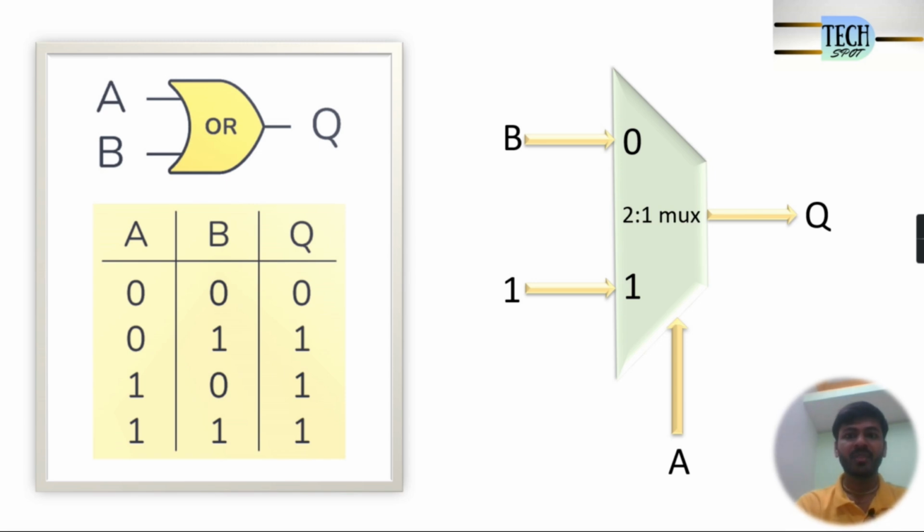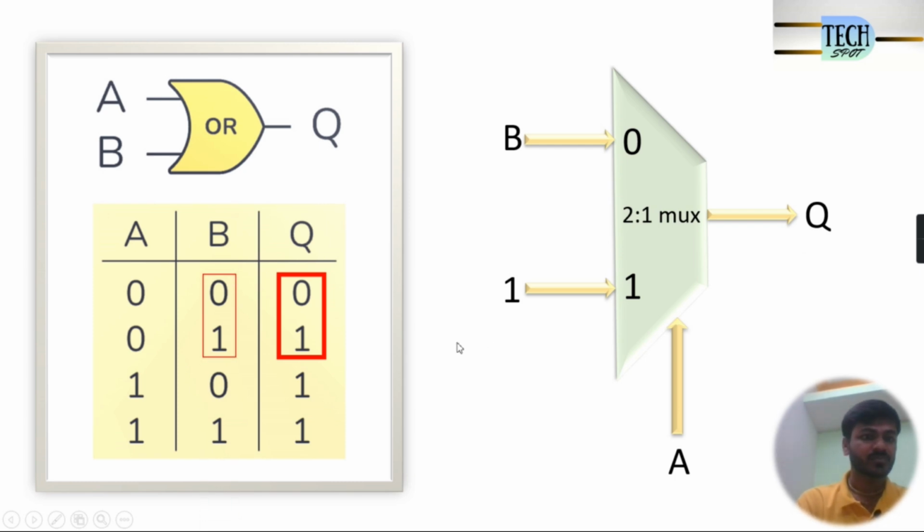value. So if my select line A is equal to 0, in the output I will get the value of B. If you see the truth table, when A is equal to 0, whatever the value present in B, 0, 1, I am getting in the output. Similarly, if select line A is equal to 1, then the output Q will be equal to 1.